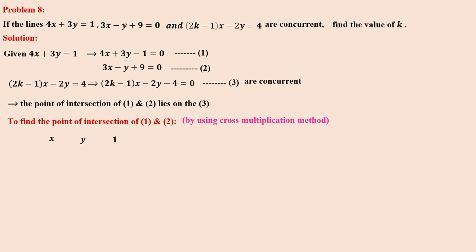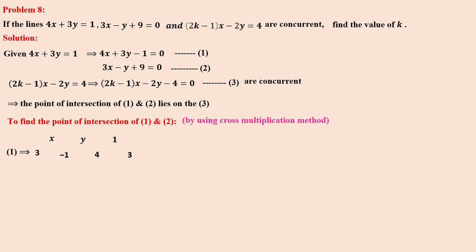Now take the first equation, write starting from the coefficient of y, that is 3. First we write the coefficient of y, 3, then the constant term minus 1, then the coefficient of x, 4, then again the coefficient of y, 3.